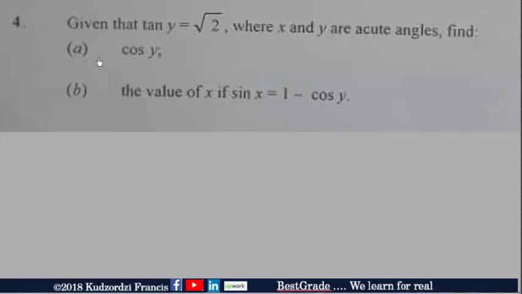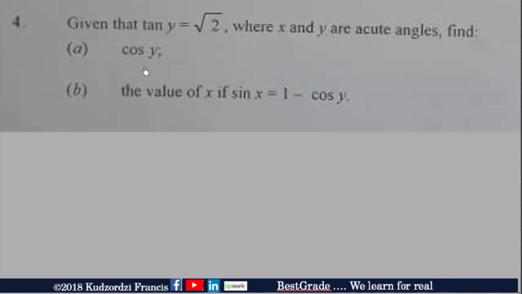Now let us tackle the fourth question. Given that tan y is equal to root 2, where x and y are acute angles, find cos y.